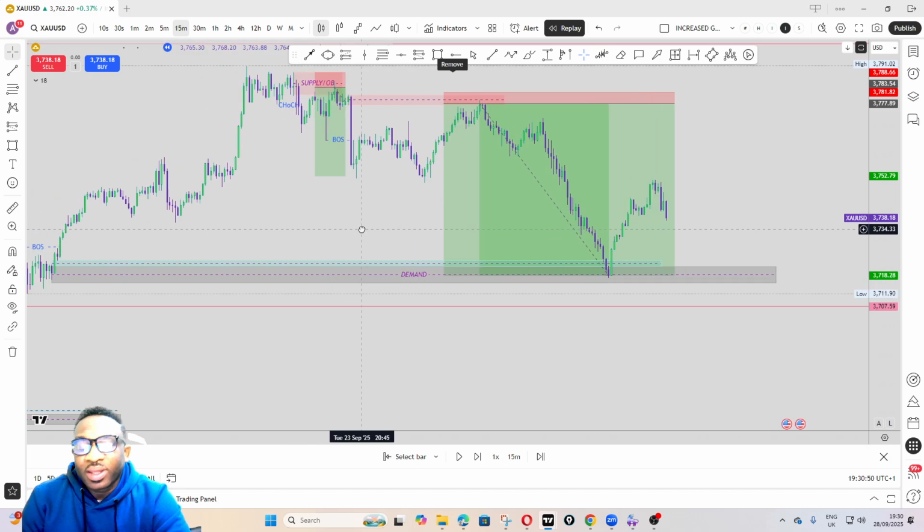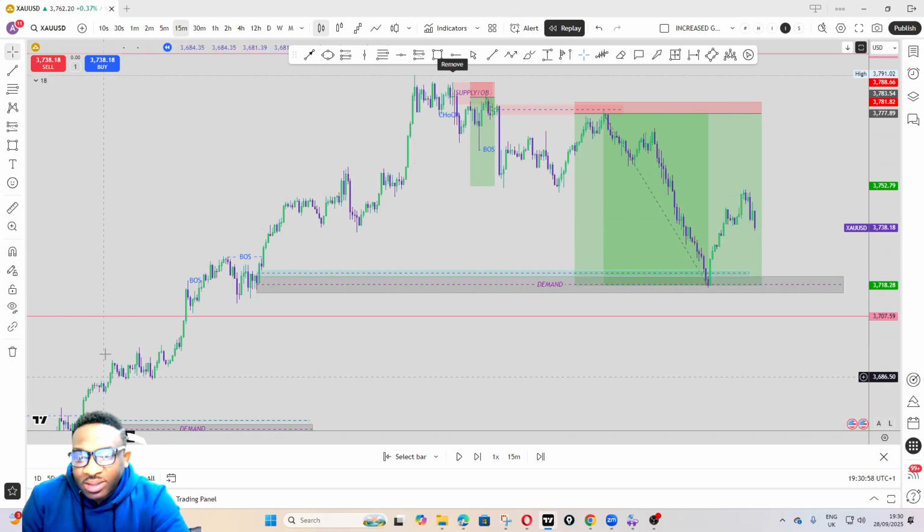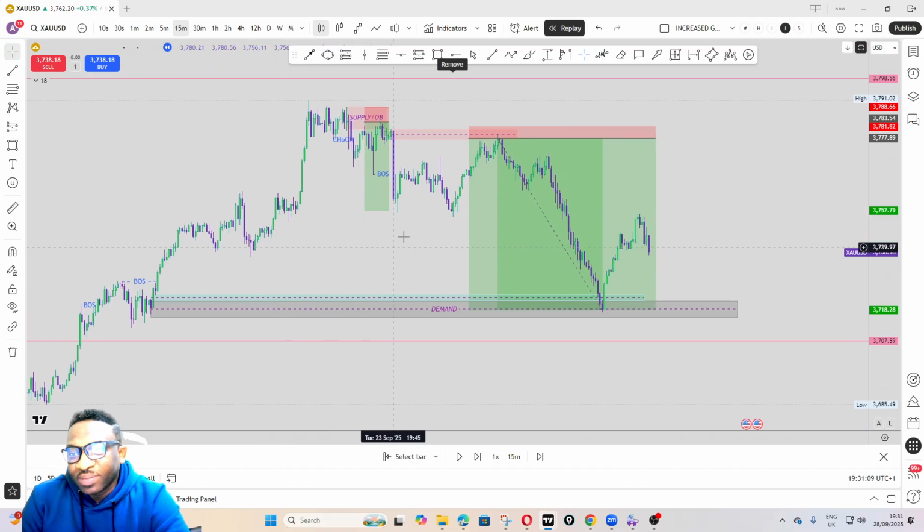So there are 3 key concepts that we've been looking at here. The first one is the market structure, where I marked the higher highs, higher lows, higher highs, higher lows in the illustration I made earlier on. And then the second concept is the supply and demand area.